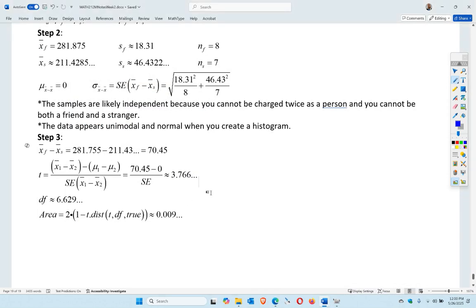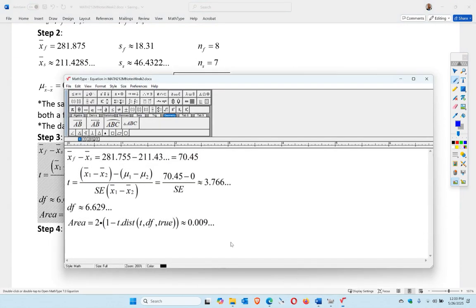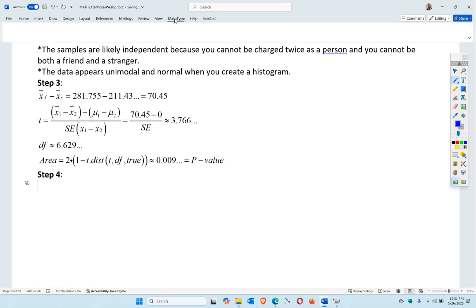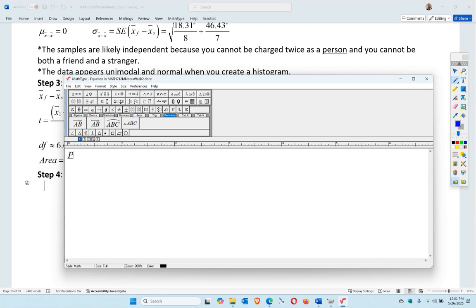Okay. Then we're going to go to step 4. Bold. Right. Oh yeah, because this is the p-value, right? P-value. Okay. So, conclusion, right? Do it, and then conclusion. So the p-value is less than alpha, which is 0.05, right?